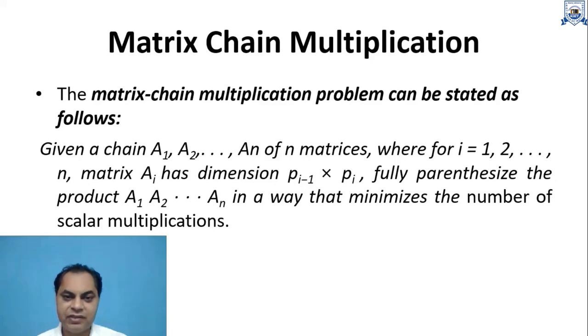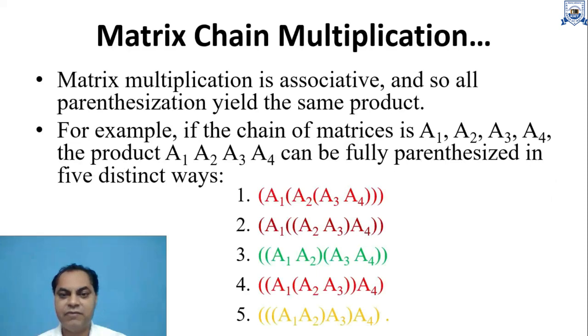So this is the problem of parenthesization. This is not the actual multiplication of the matrices. We have to find the way of parenthesization in such a way that we get the minimum number of scalar multiplications when we actually multiply those matrices.